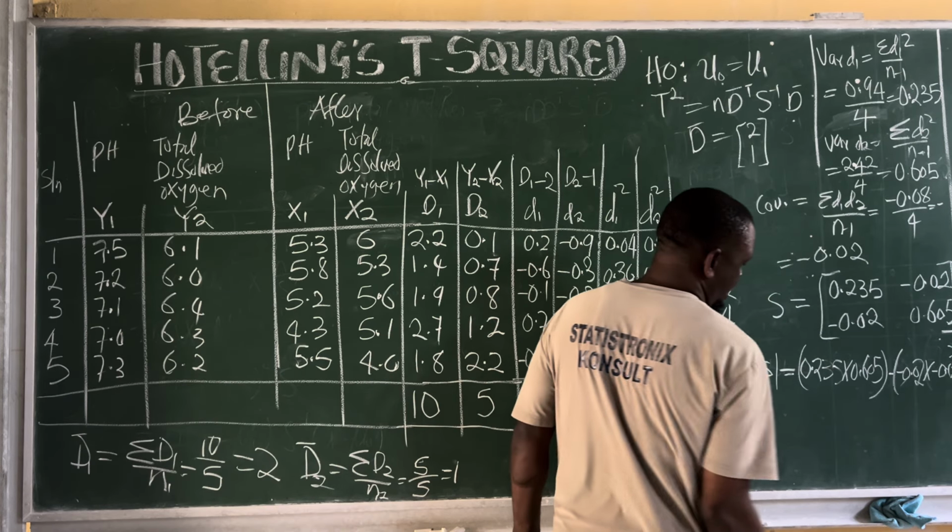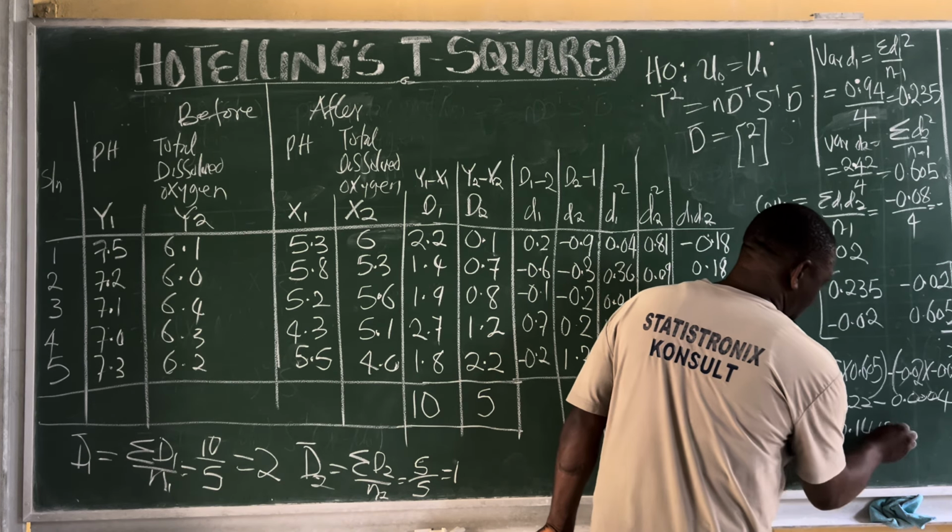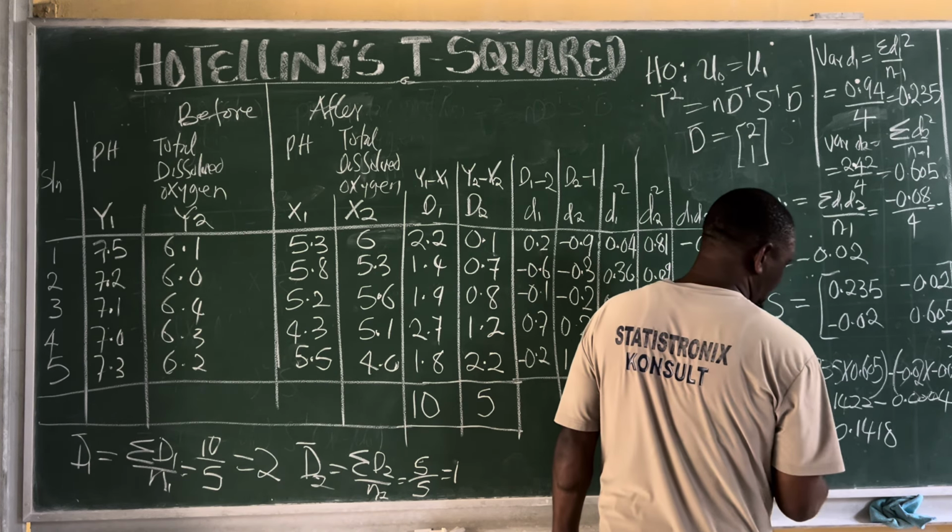Okay, so which will be equal to, if we multiply this, 0.1422 minus, if we multiply this, 0.0004, and that will be equal to 0.1418. So this is our determinant.